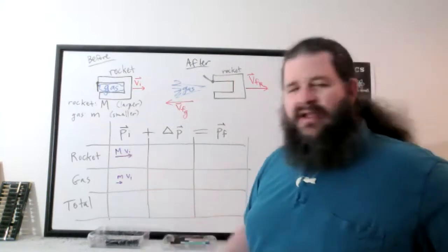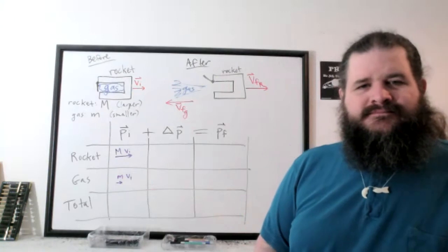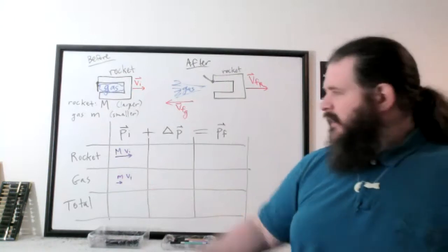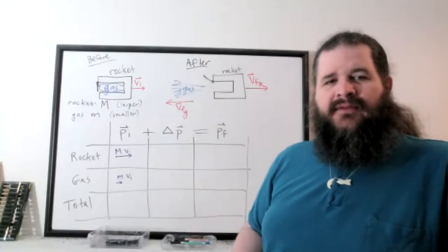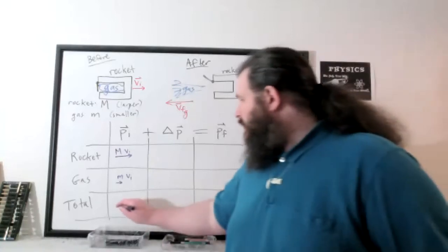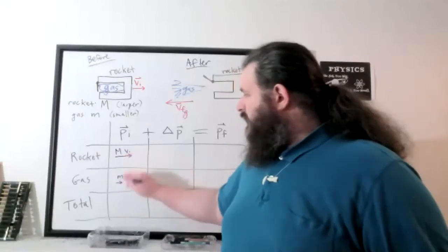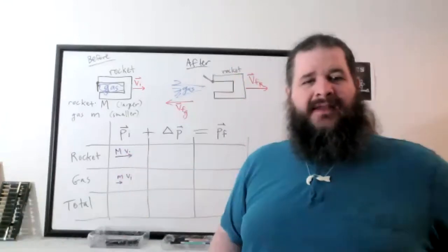What do we get if we add those up? If you've got a vector to the right plus another vector to the right, what happens? Yeah, it's still going to be a vector to the right, it's just going to be larger. In fact, since these are in the same direction, we can just combine their lengths.